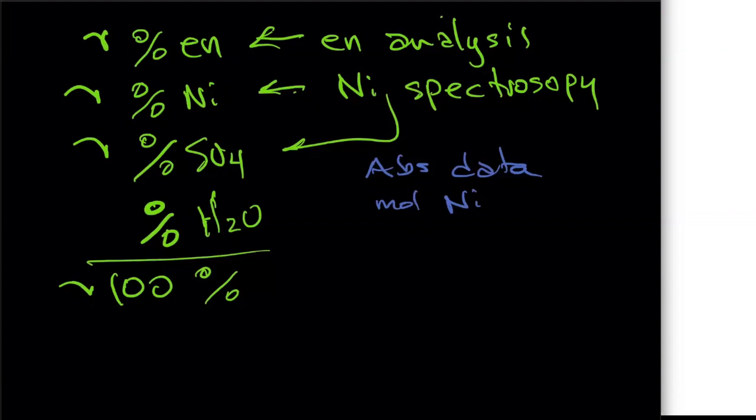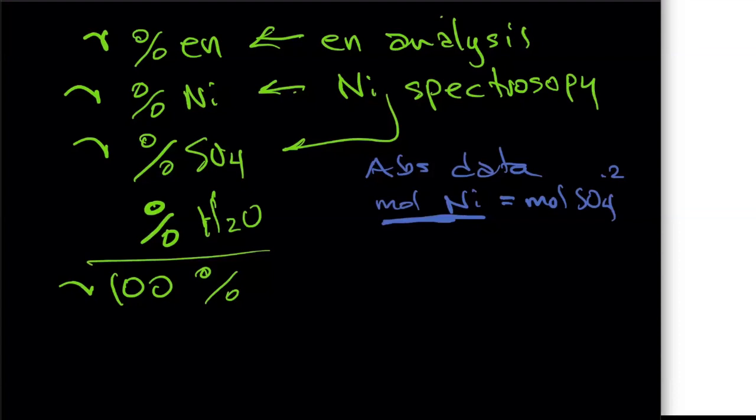So that's the key right there, the moles of the nickel, and that's equal to the moles of the sulfate. Why are they equal? Because if you look at the formula for all three salts, the nickel and the sulfates are the only chemicals that are charged, and they exist in all three salts in equal amounts. So the moles of the nickel and the moles of the sulfate are equal.